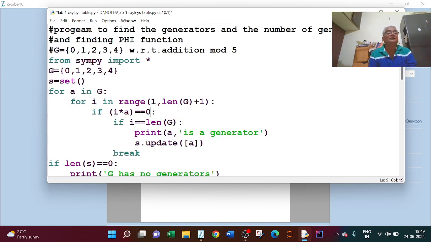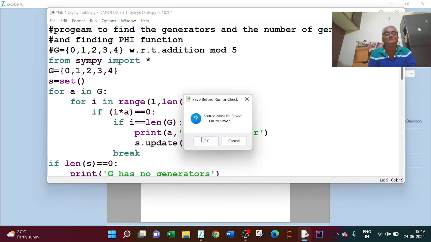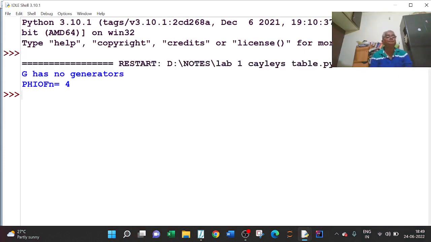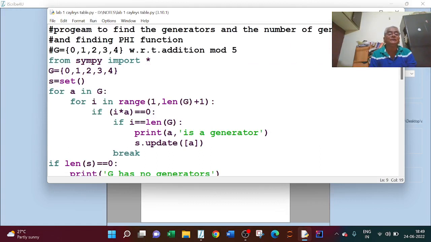Okay, now if I run this program, something is wrong here. Here I had to write that operation as I star A percent 5. Okay, now this is correct.